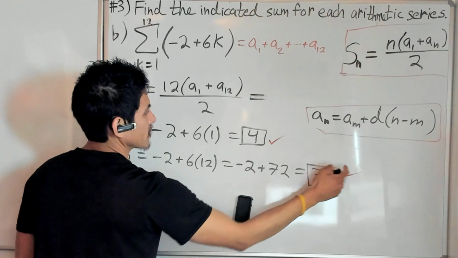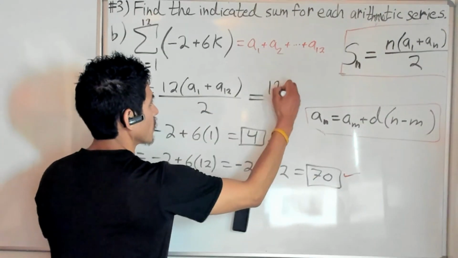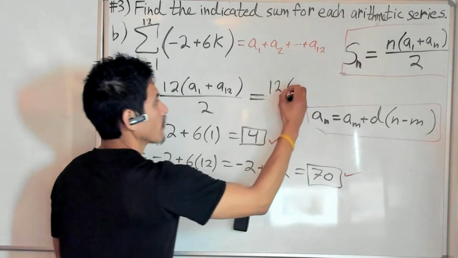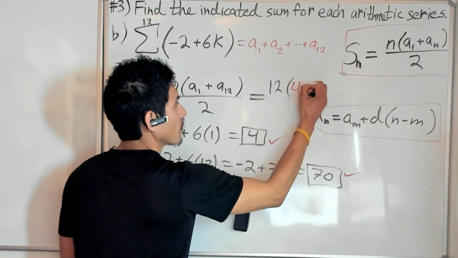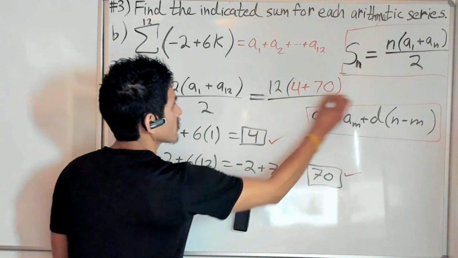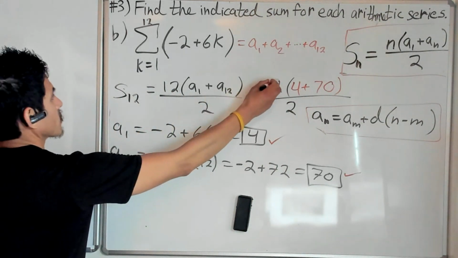So then we throw these into our equation here. So we'll have 12 times (4 plus 70) all over 2.